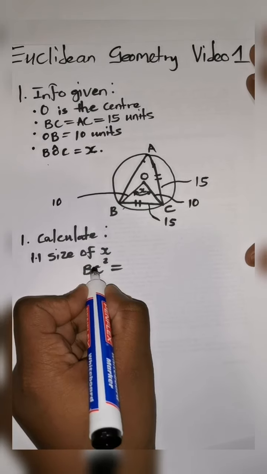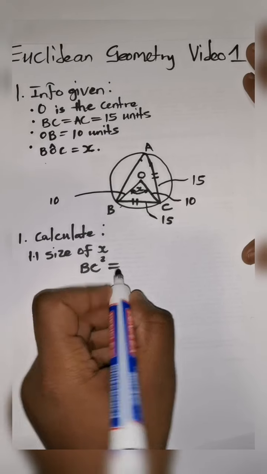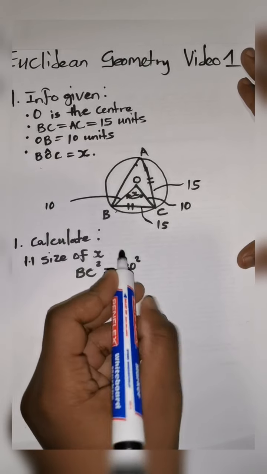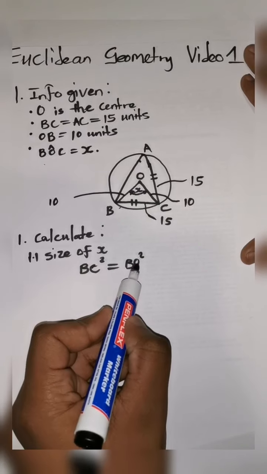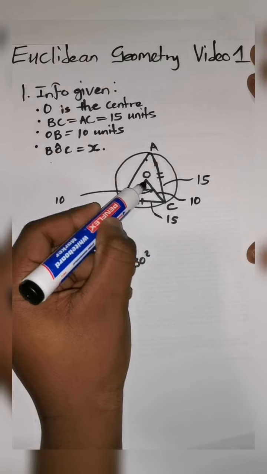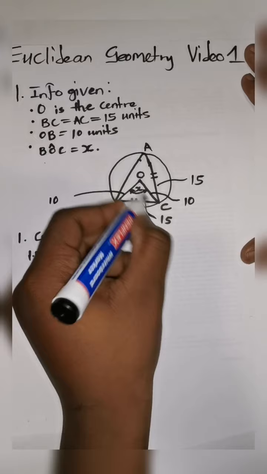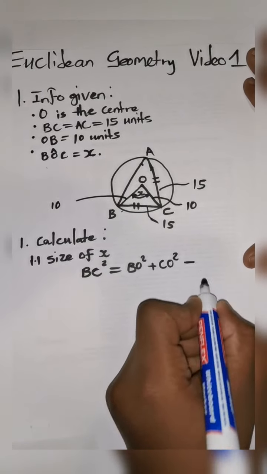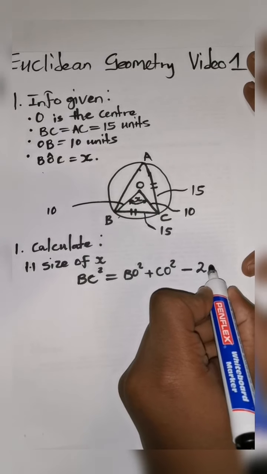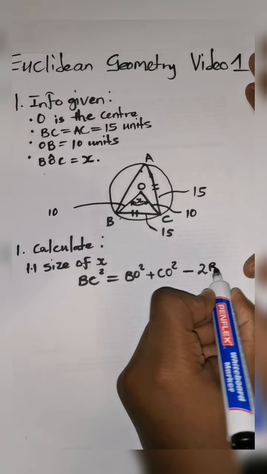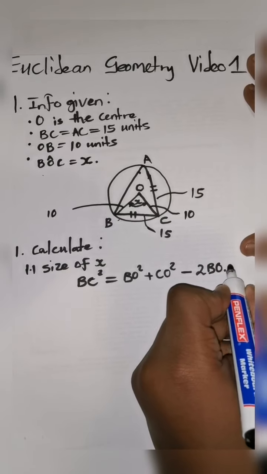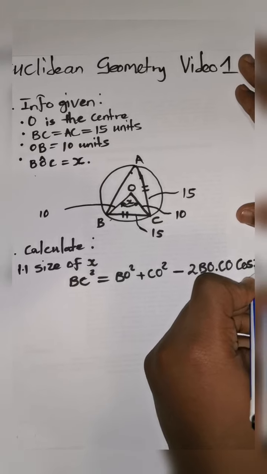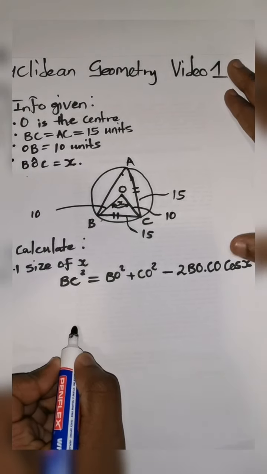So we're going to say BC squared is equal to, I mean, BO squared plus CO squared, minus 2 times BO times CO, cos x.